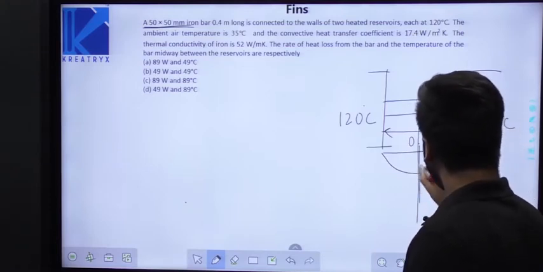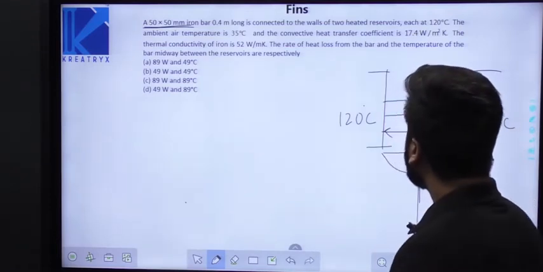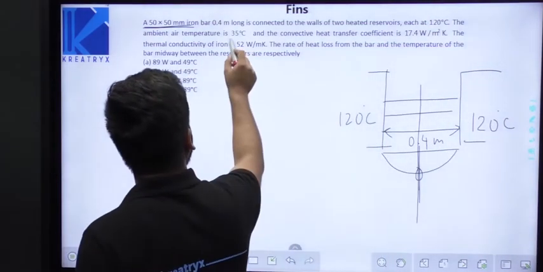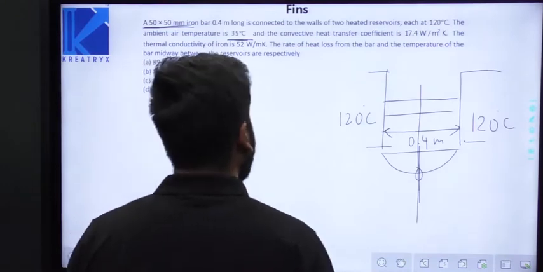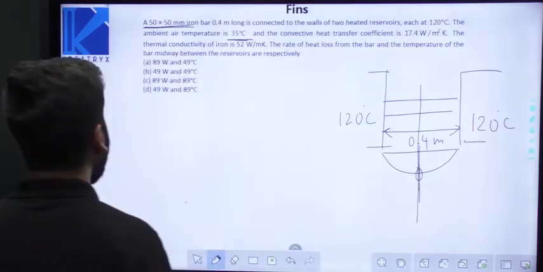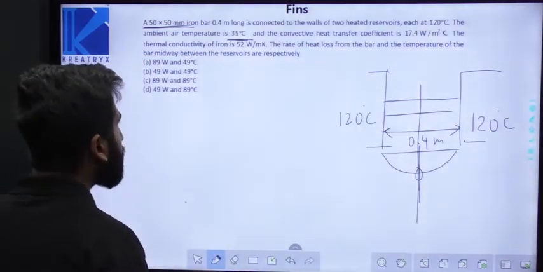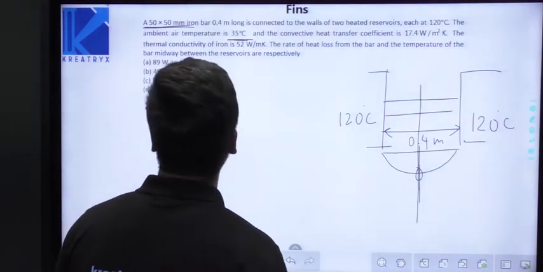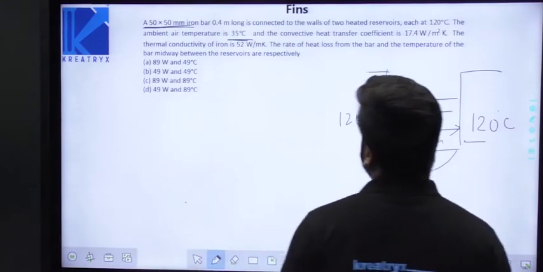At the midpoint, the temperature will be lowest. The ambient air temperature T infinity is 35 degrees Celsius, and the convective heat transfer coefficient is also given. The thermal conductivity is given. The rate of heat loss from the bar, and the temperature of the bar midway between the reservoirs are asked respectively.